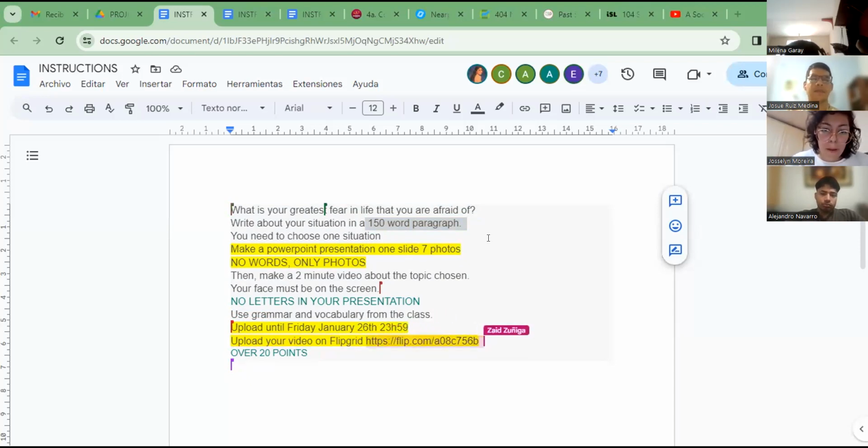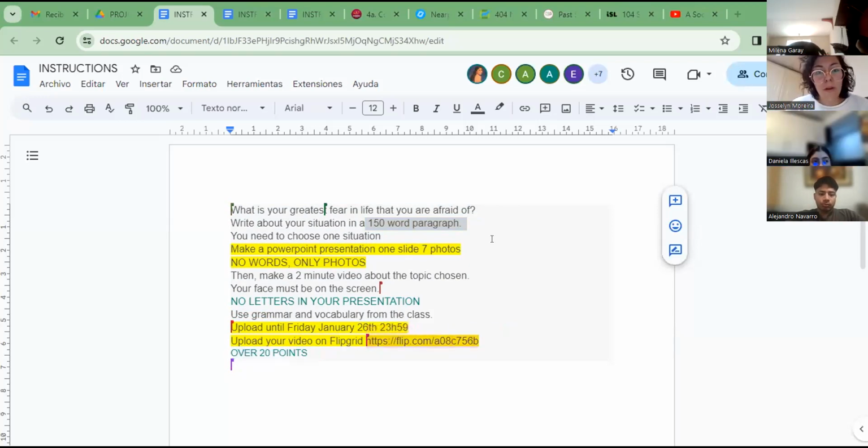And if you want to explain something, for example, I remember Jocelyn has a fear of clowns, if you have any situation that you want to explain, you have to use past tense, past progressive. That is the grammar you have to use, because then you are going to do another activity using the grammar that you studied today.